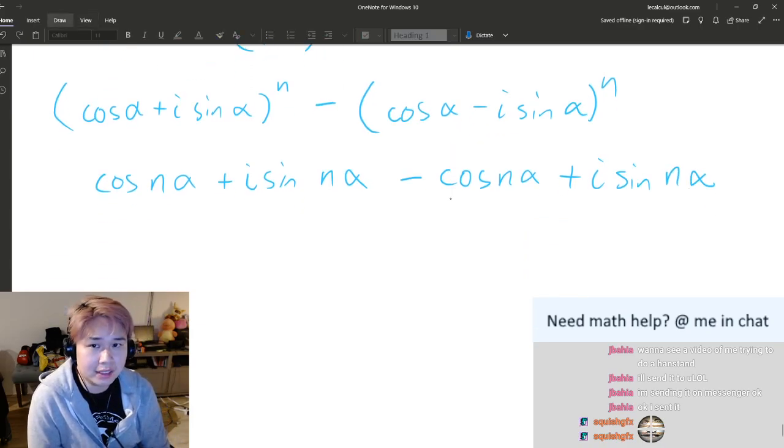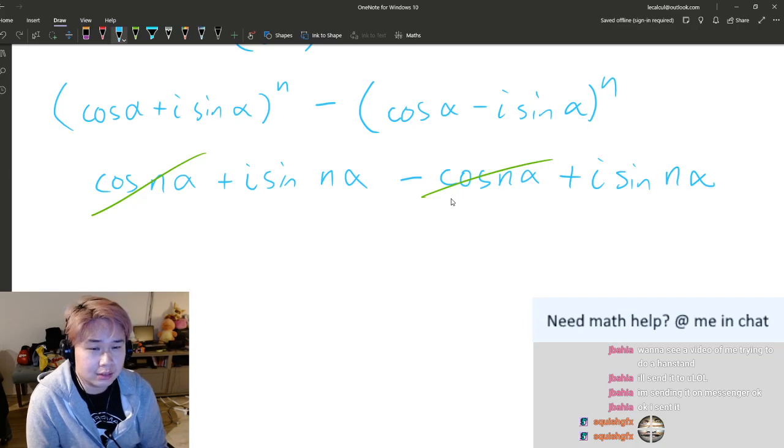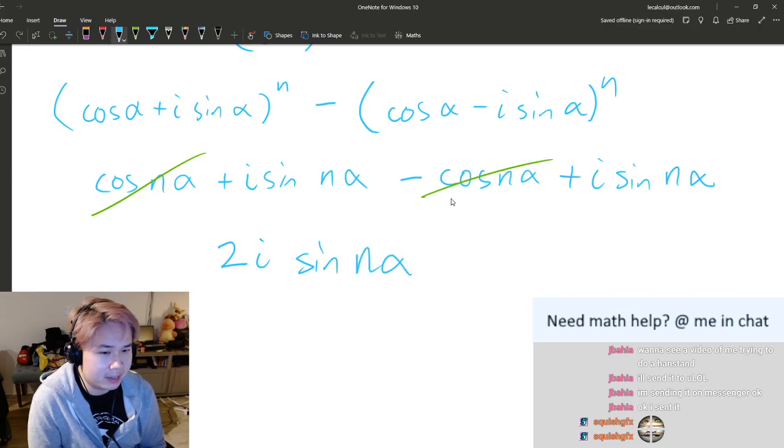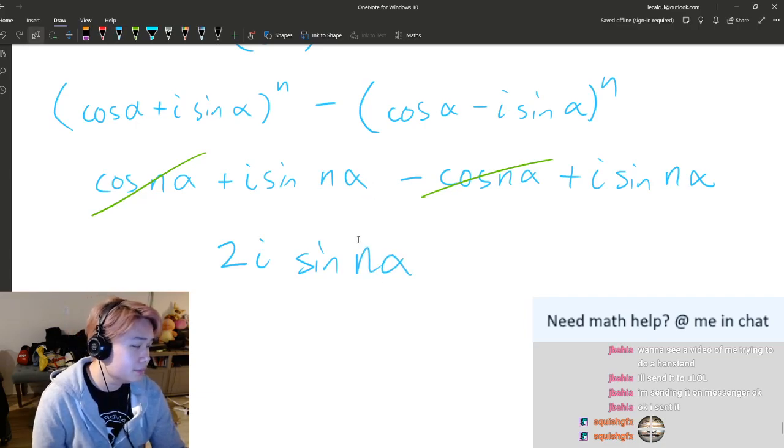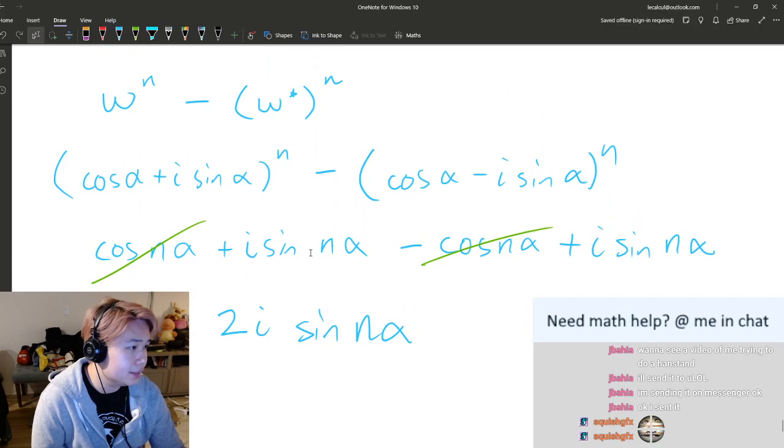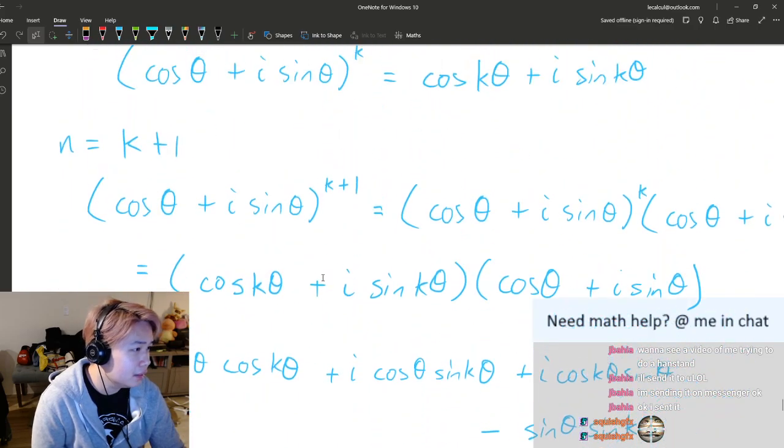And then we have some cancellation. This cosine and that cosine. So what are you left with? 2i sine n alpha. Okay. So that looks done.